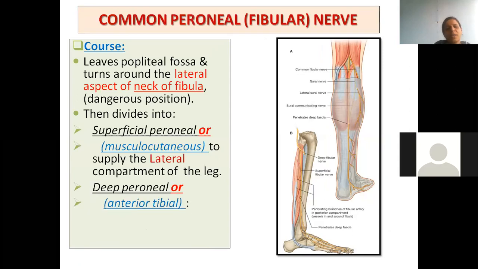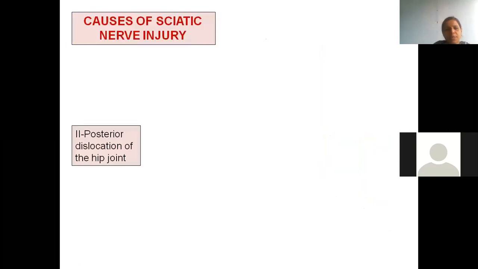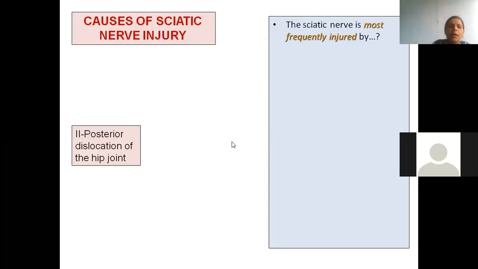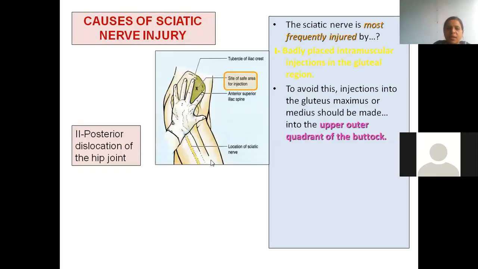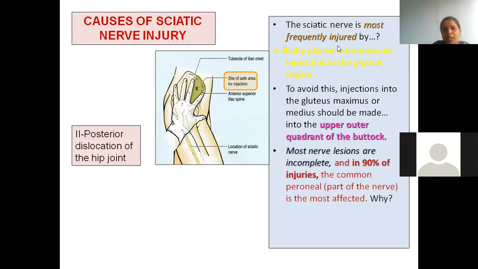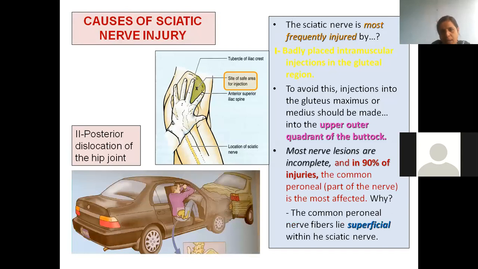So the common peroneal nerve I have discussed already, as a separate lecture in fact. Now, causes of sciatic nerve injury. The sciatic nerve is most frequently injured by a badly placed intramuscular injection in the gluteal region. In the gluteal region, we have to choose the outer and upper quadrant.